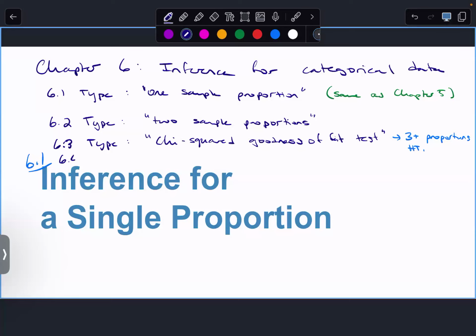And then the type that we'll see in 6.4 is going to be a chi-squared test of independence.